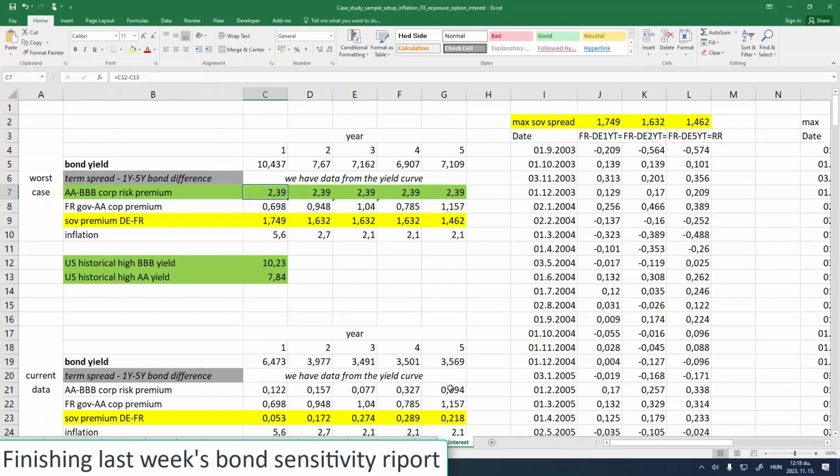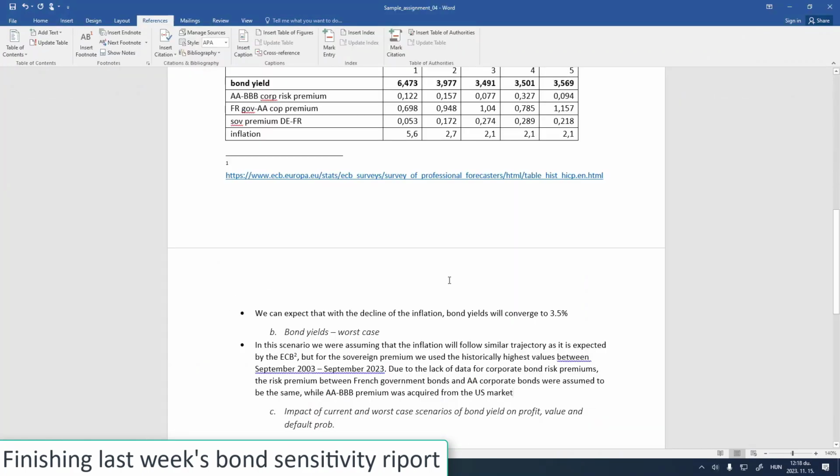At least it's not 0 point something anymore, it's 2%.